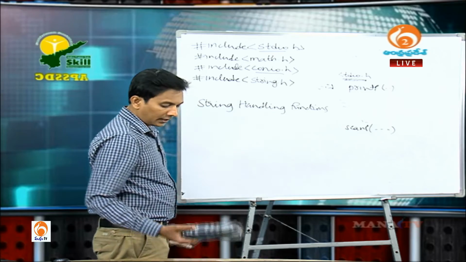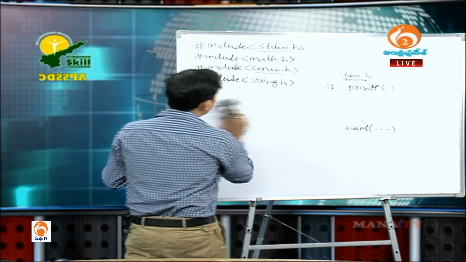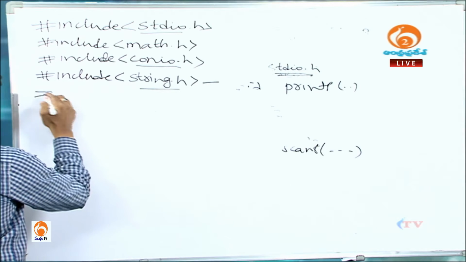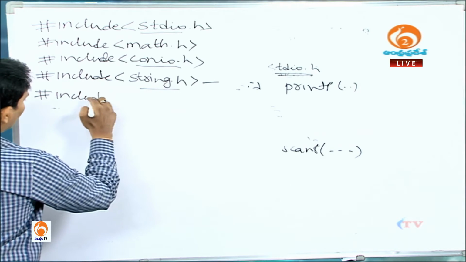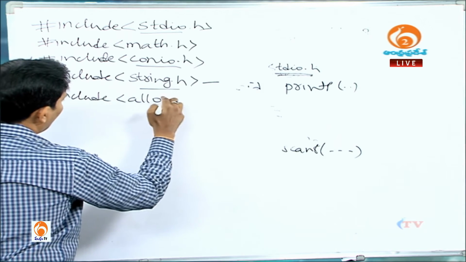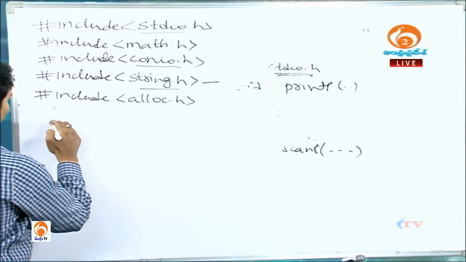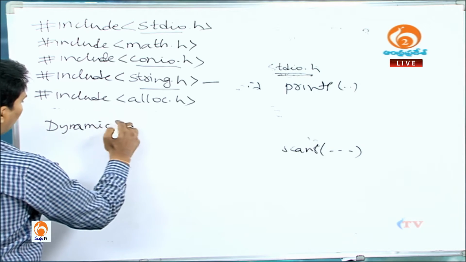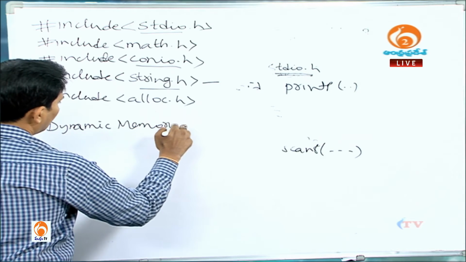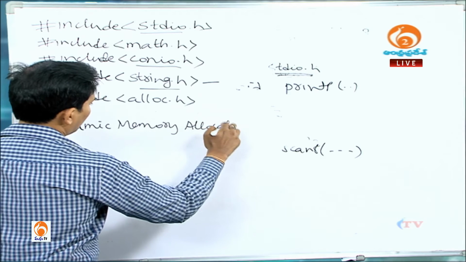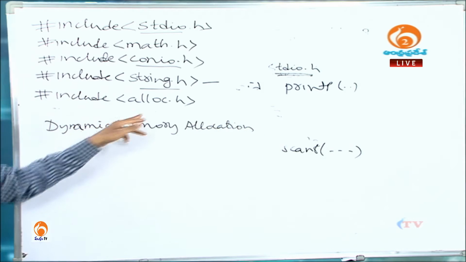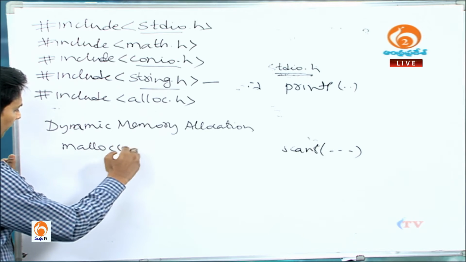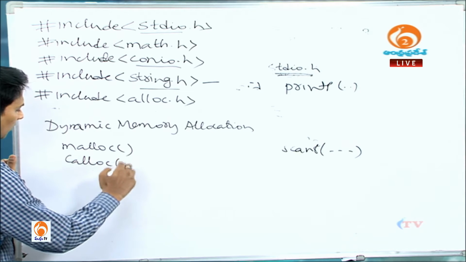Next, another header file is there, that is alloc.h. These concepts we will discuss later. #include <alloc.h> is for dynamic memory allocation. From the dynamic memory allocation point of view, we use alloc.h, that is the malloc function, calloc function and free function.